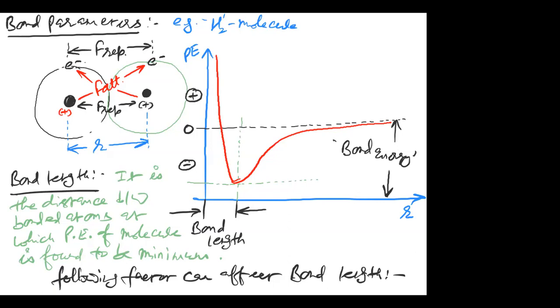Similarly, we can define bond energy also. First, we'll see different factors which can affect bond length. So here, the first factor is extent of overlapping.